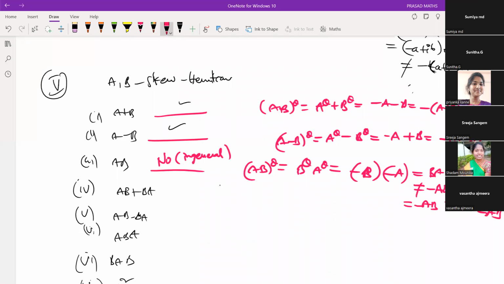In general, no. But if you provide that A and B are anti-commutative, then it is yes. Is it clear?